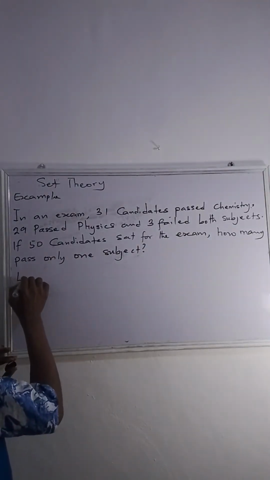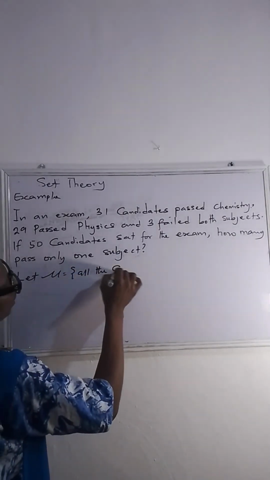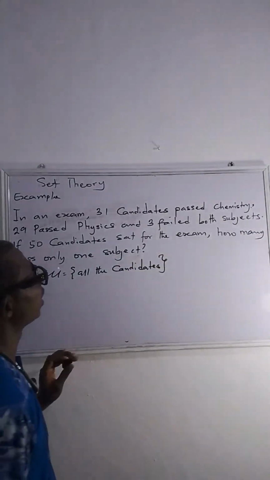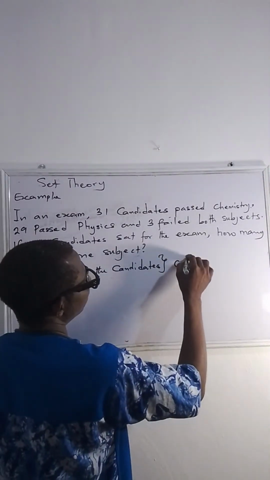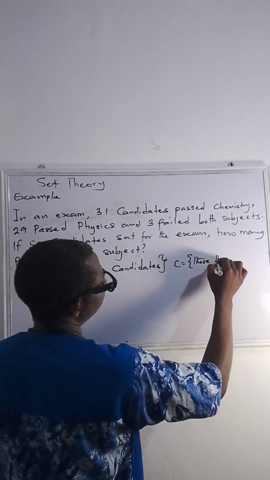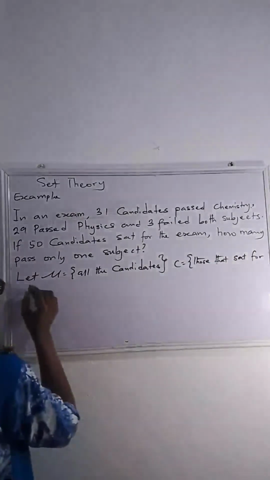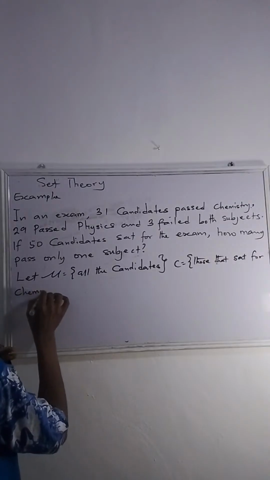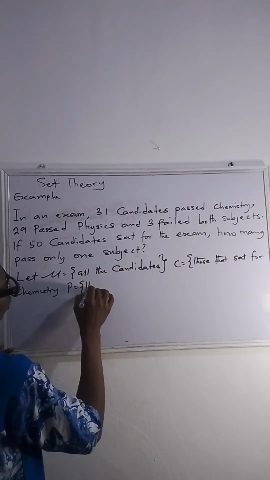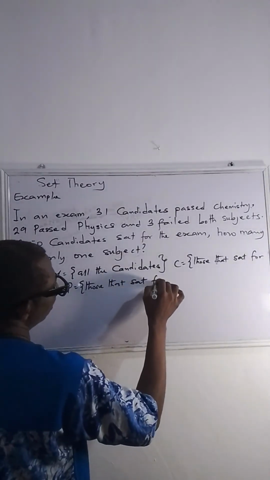So let U represent all the candidates, and C represent the set of those that sat for chemistry, P the set of those that sat for physics.